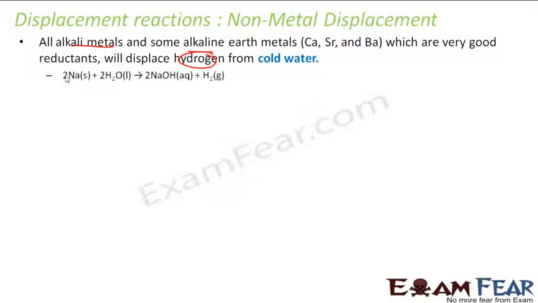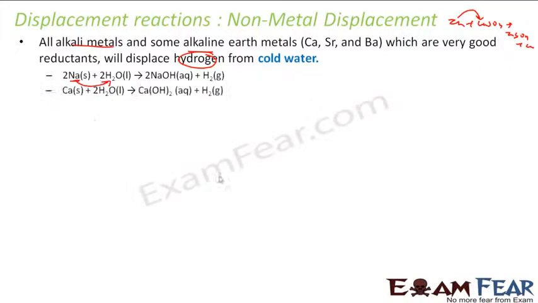Sodium is kicking out hydrogen here. Earlier, zinc was kicking out copper, as in zinc plus copper sulfate giving zinc sulfate, but now sodium is kicking out hydrogen, and hydrogen is a non-metal. So the non-metal is getting displaced.